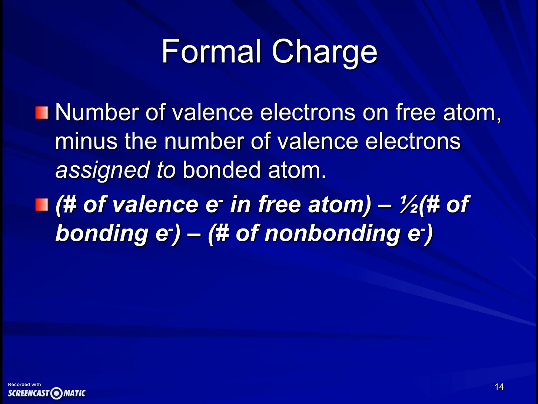So if an atom has 4 bonds, then we would put 4 here. Half times 8, because there are 2 electrons in each bond, would give you 4. But any lone pairs that are on that atom belong only to that atom. So the number of non-bonding electrons is 2 times the number of lone pairs. It gets written here, and we're going to work a few examples.